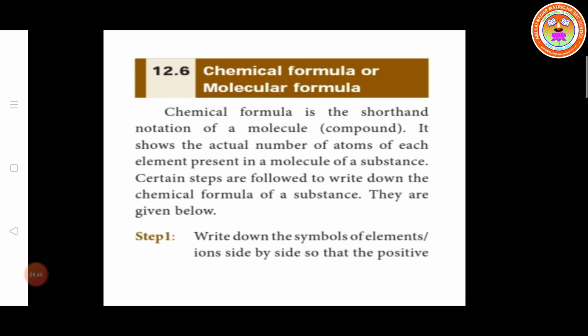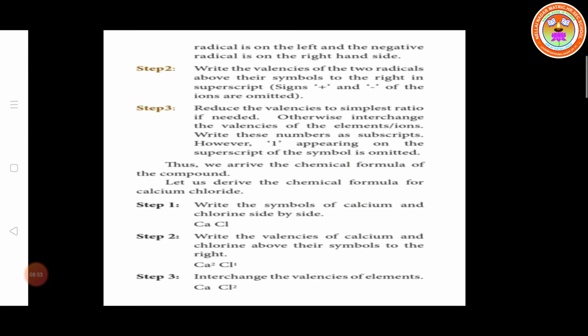So what is the first step? Write down the symbols of elements, cation on the left hand side, anion on the right hand side. Second step, write the valency of the two radicals above their symbols to the right, in superscript.